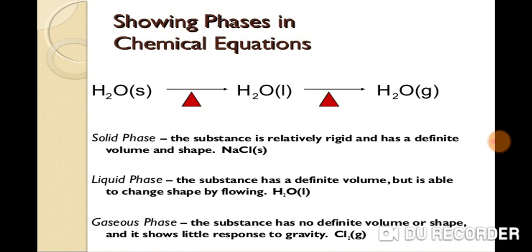So S, L and G in brackets show the phases of the chemical which we are using.